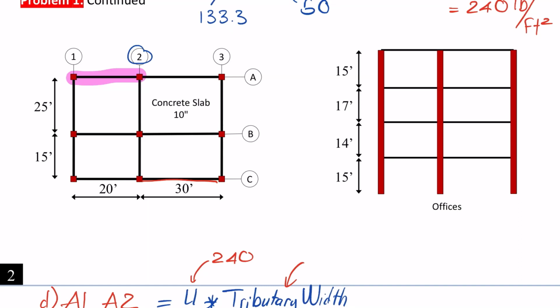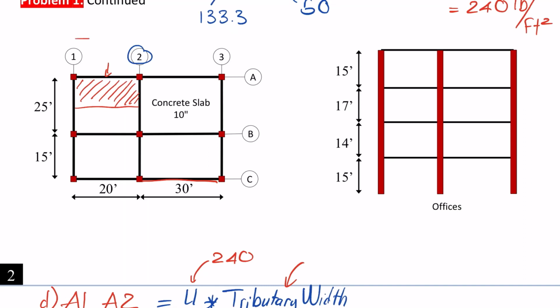So the load that the beam will receive will be half of this slab. Maybe let me remove the highlight, it might cause confusion. Half of this slab will transfer the load to this beam.